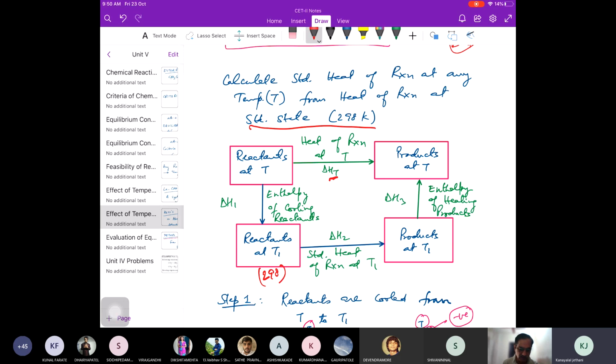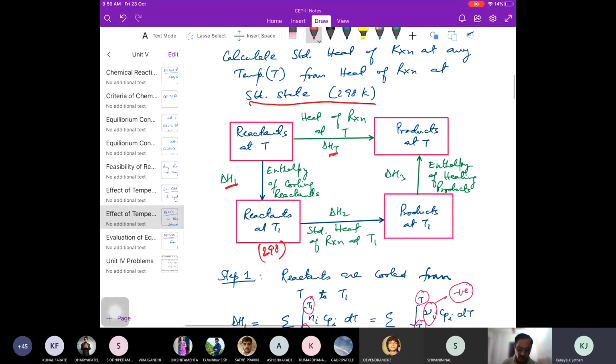We get reactants at T1, and this is the enthalpy of cooling reactants, delta H1. Then we take the standard heat of reaction at temperature T1, which is 298, available from tables, delta H2. So we get products at temperature T1, which is 298. And then we heat the products to the desired temperature, which is reaction temperature T. So essentially it is the enthalpy of heating products, delta H3. If you know delta H1, delta H2 and delta H3, we can find delta HT.